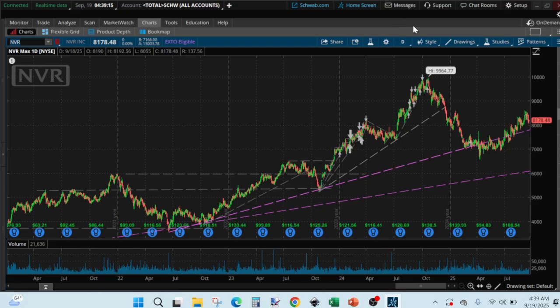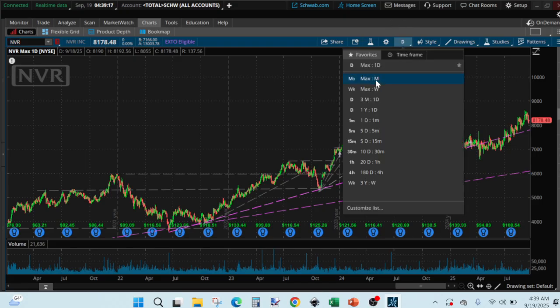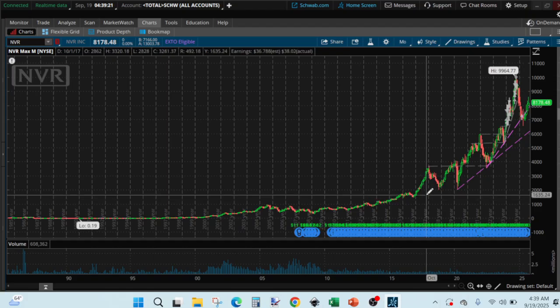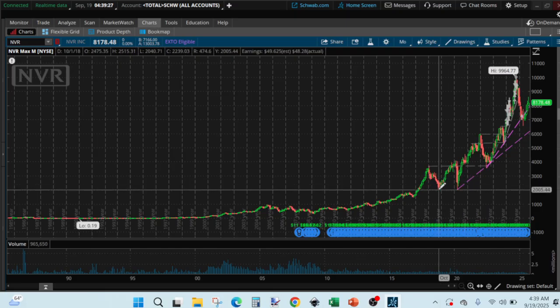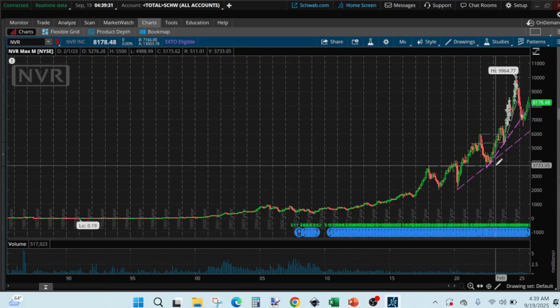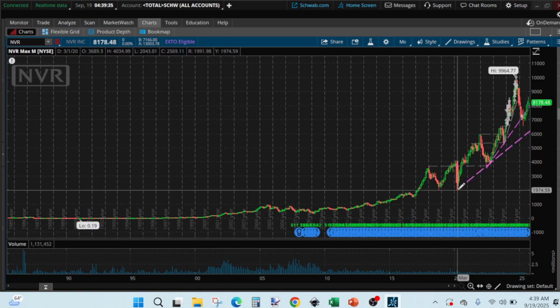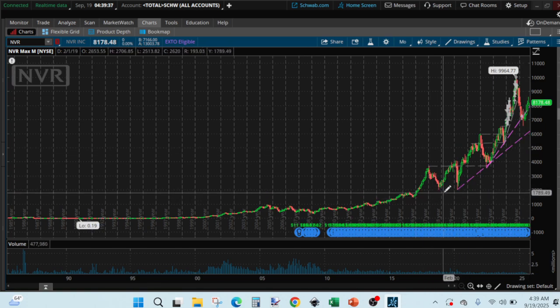So tracing the trend lines is good to start with the maximum monthly chart, so that you can see multiple years on the screen, or having the chart cramped together across multiple years, so that you can see the pattern and trace the line passing by the lows.